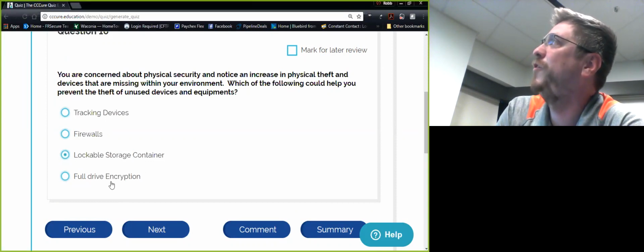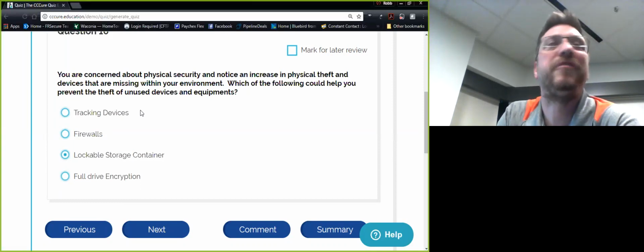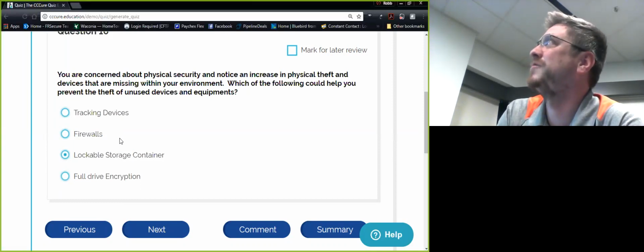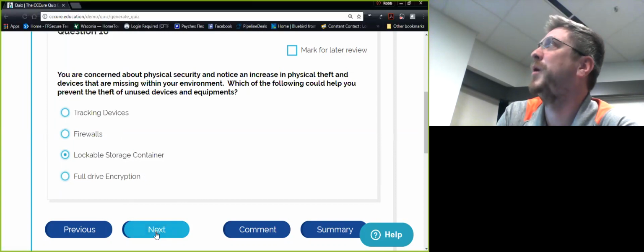It's not encrypting. It's not going to prevent the theft. So tracking devices is a detective control. You're going to find it after the fact. Firewalls aren't going to keep things from walking out the front door, and encryption is just going to protect the data that's on it. So you would actually lock them up.